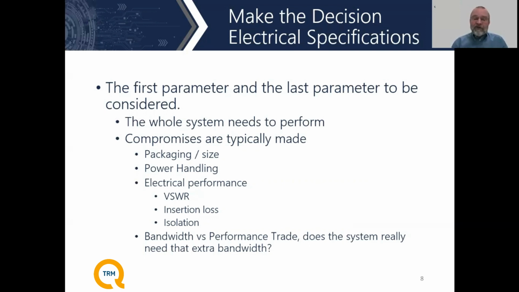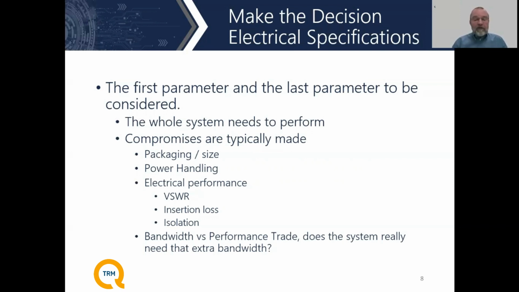The first parameter is that it limits some of the technologies that you can use. You then have to take the technologies that are available, see which of those will operate over the environments and fit in the packaging, and then come back and down select further from there to choose your topology.